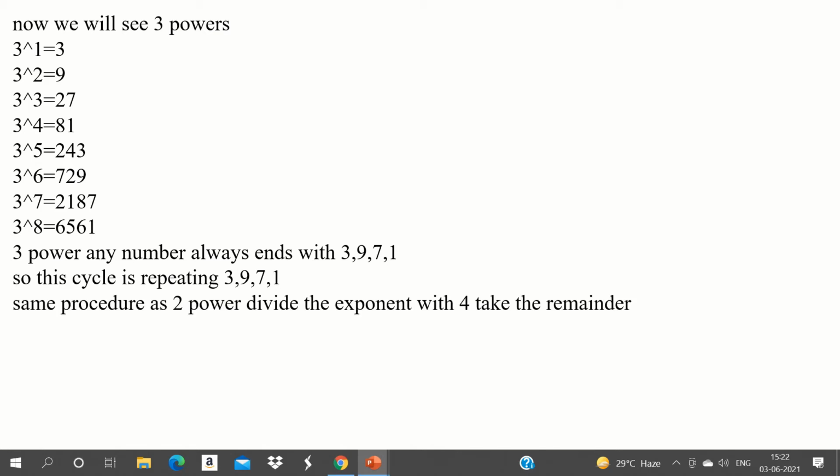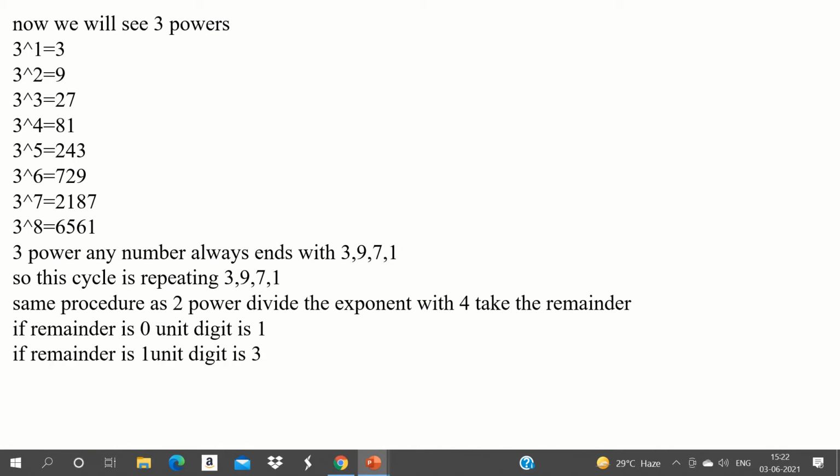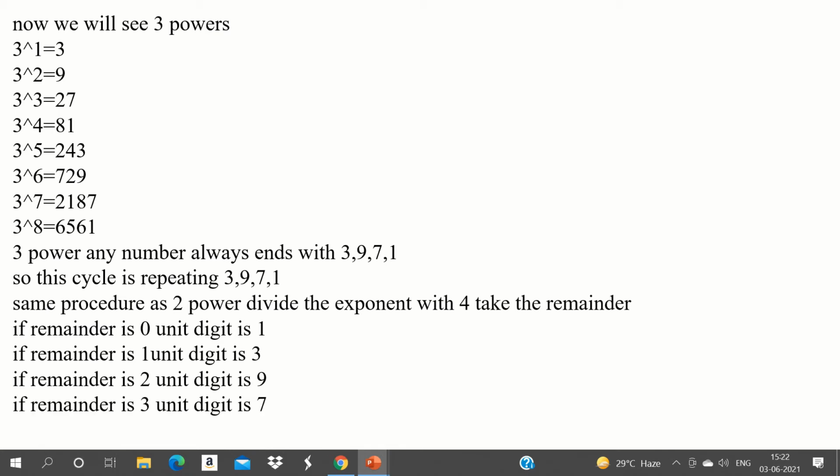If we divide by 4 and get a remainder of 0, the unit digit is 1. If the remainder is 1, the unit digit is 3. If the remainder is 2, the unit digit is 9. If the remainder is 3, the unit digit is 7. So it is the same as powers of 2, but the unit digits change: 1, 3, 9, 7. Here this is the pattern.